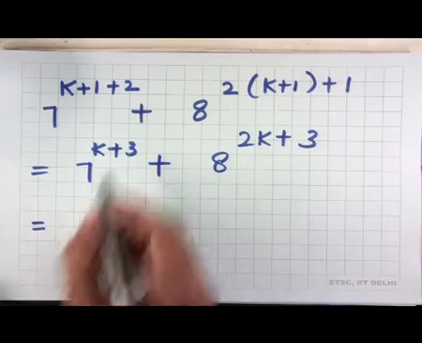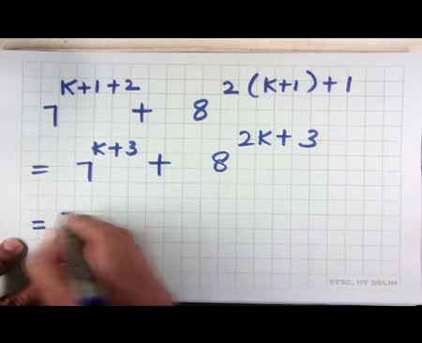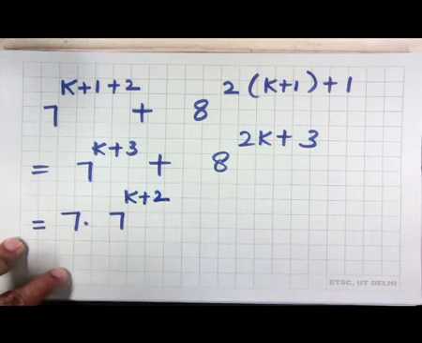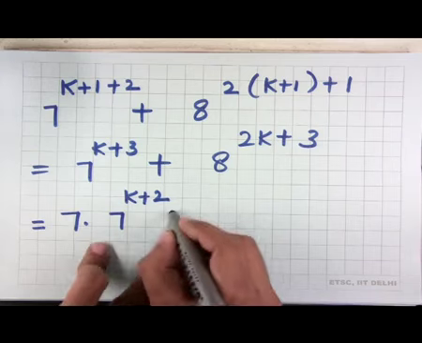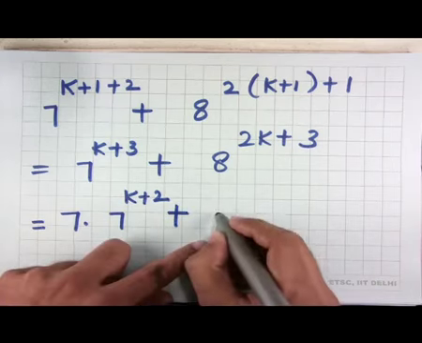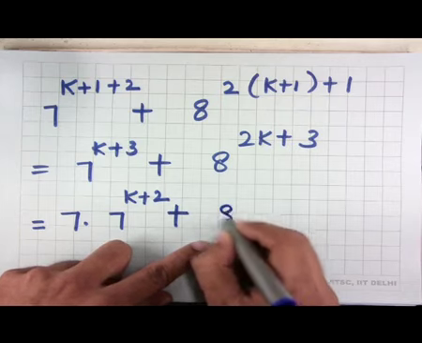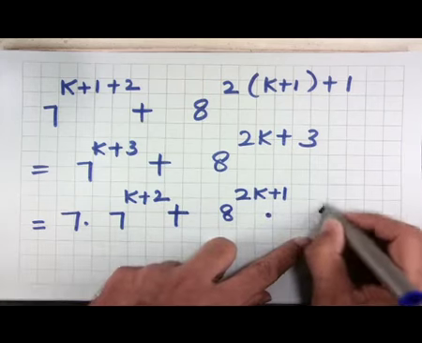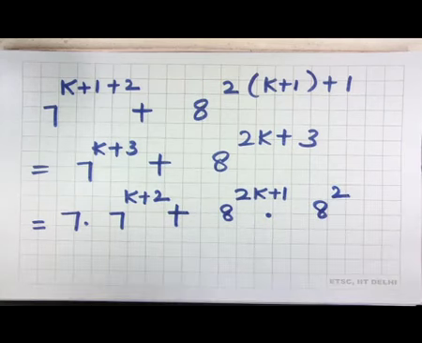I am going to write 7 power k plus 3 as 7 into 7 power k plus 2. Why? Because I have the inductive hypothesis. Please observe what the inductive hypothesis is. Plus this I will write as 8 power 2k plus 1 into 8 square. Do you agree?